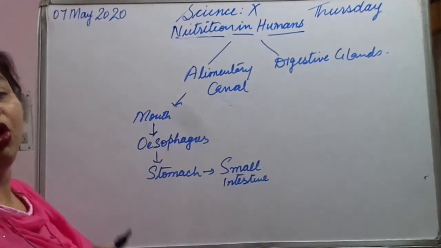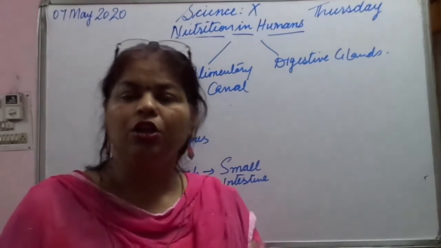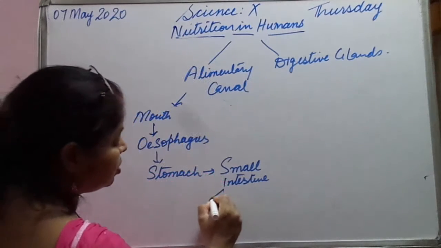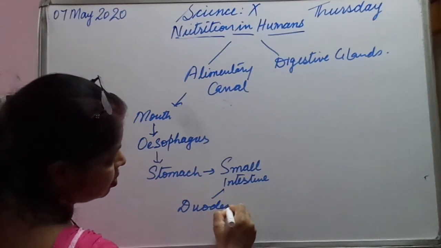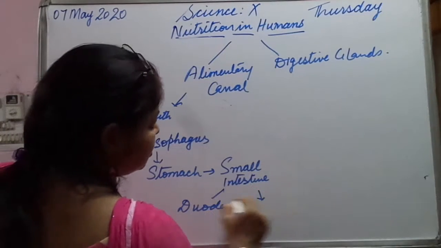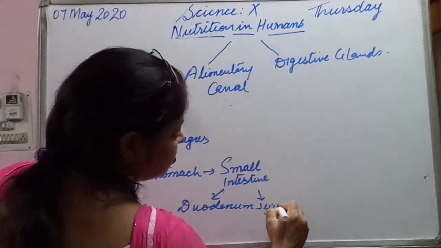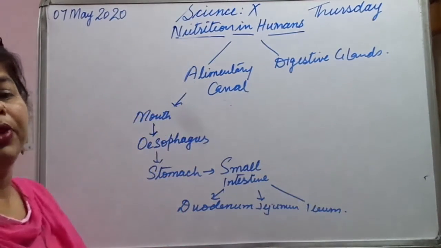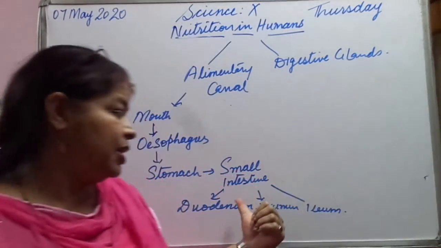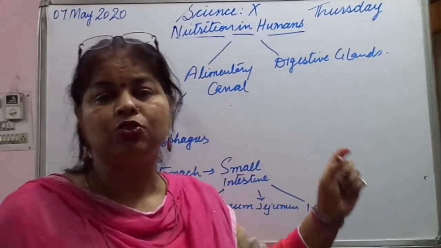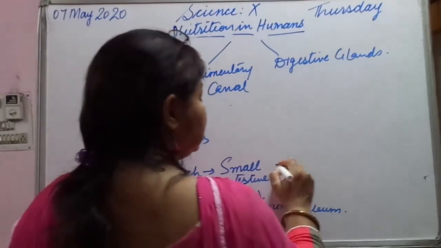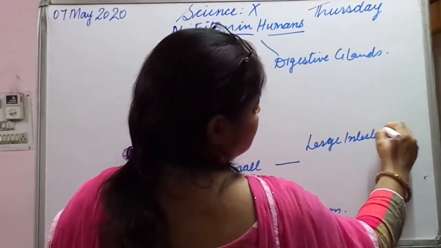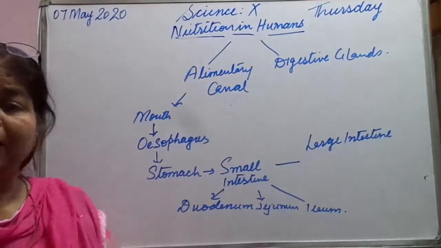Okay, then the small intestine consists of 3 parts: duodenum, jejunum and ileum. So I write here duodenum, second one is jejunum, and third one is ileum. Now this small intestine leads to the large intestine, and the large intestine is made up of again 3 parts.